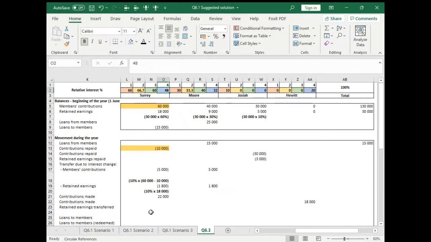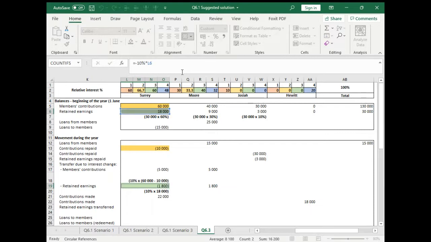Okay, now if we look at the retained earnings transferred. So Surrey at that date has 18,000 retained earnings, but it has also been reduced by the 1,800 that he has sold on to Moore.